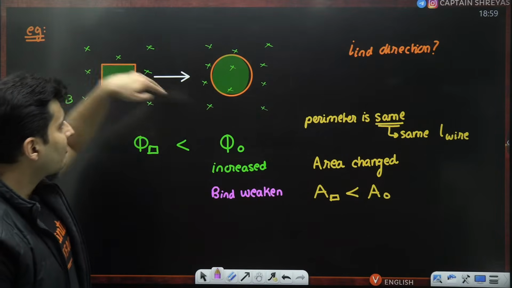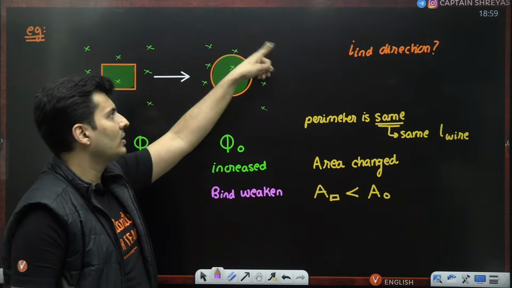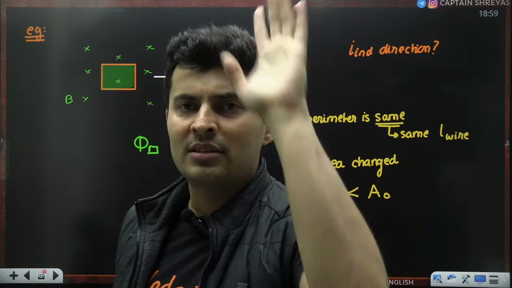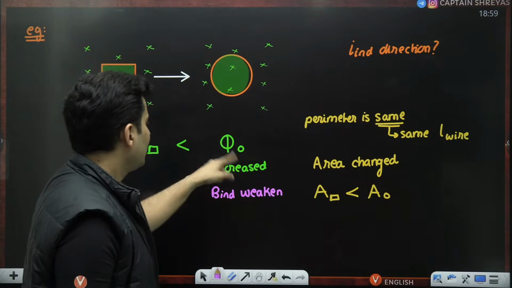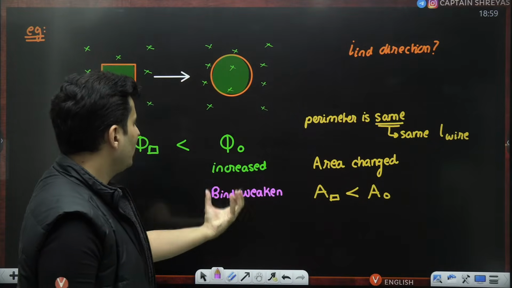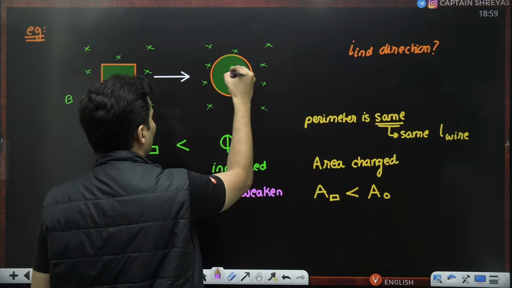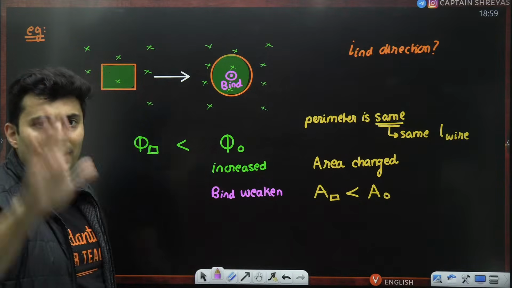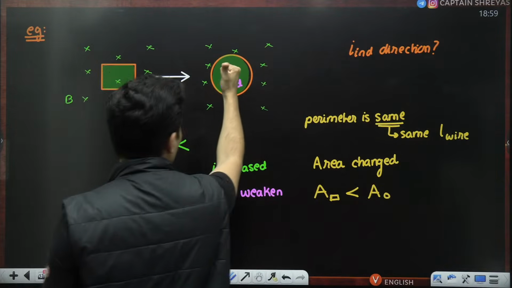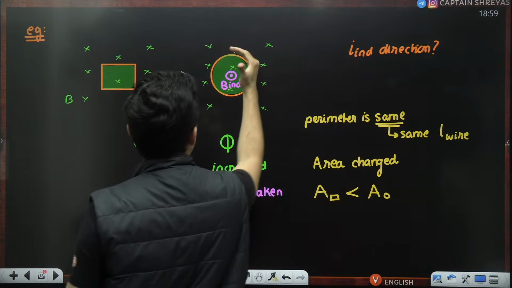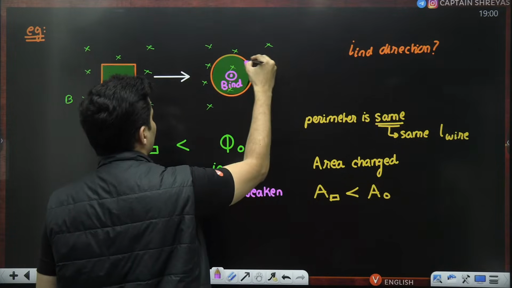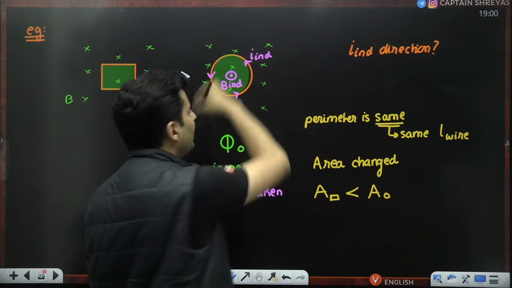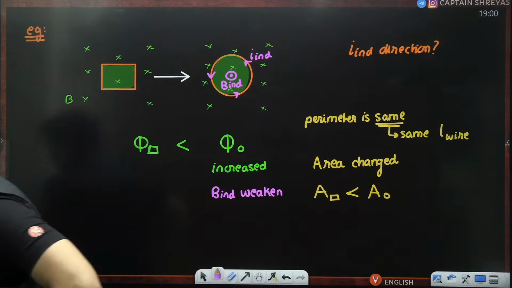Where is the magnetic flux going? Inside the plane of the board because of this cross. Cross means going away from you. Dot means coming towards you. So the flux is increasing inside. So the induced magnetic field should be towards you. Take the fingers of your right hand. Hold the thumb in the direction of the induced field. See how the fingers bend. That's it. So that is basically the direction of the induced current. It is anti-clockwise.